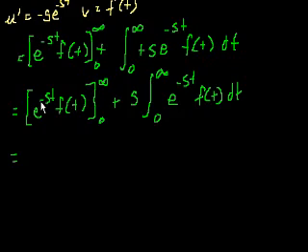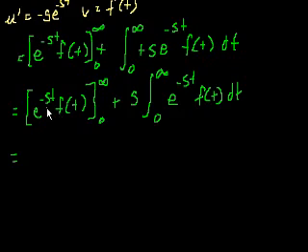This approaches 0, so we're not sure. If this increases faster than this approaches 0, then this will diverge. I won't go into the mathematics of whether this converges or diverges, but let's just say, in very rough terms, that this will converge to 0 if f of t grows slower than e to the minus st shrinks.